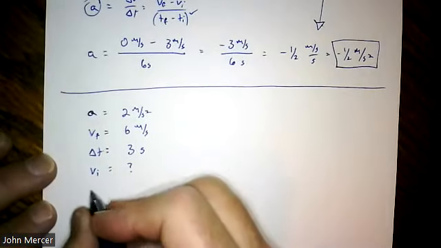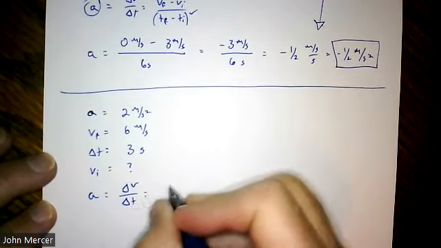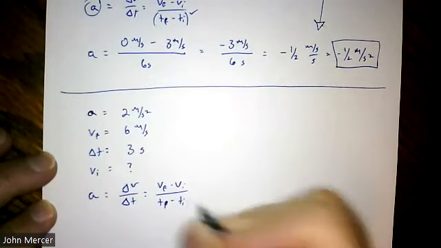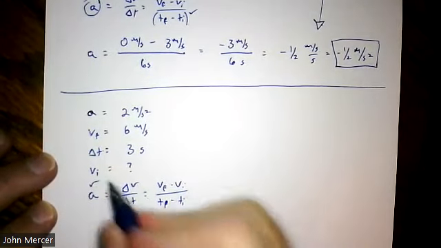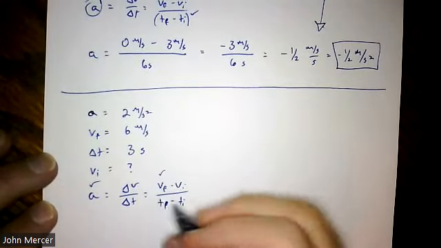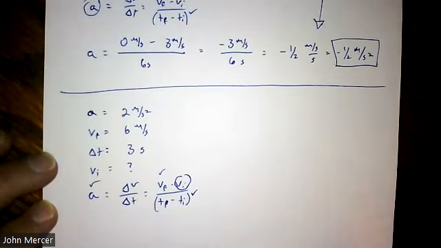All right, so let's put the equation down. A equals delta V over delta T, VF minus VI over TF minus TI. What do I know? I know A, I know VF, I know delta T collectively, and I don't know VI.